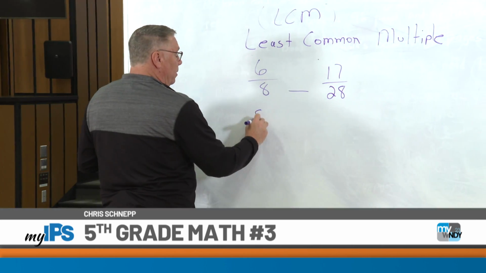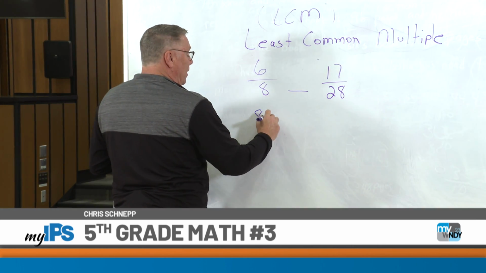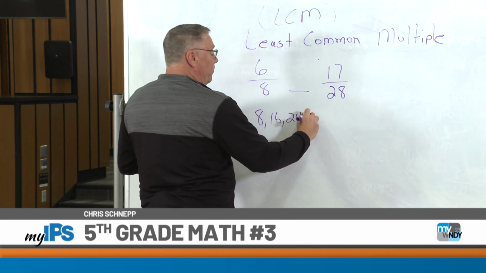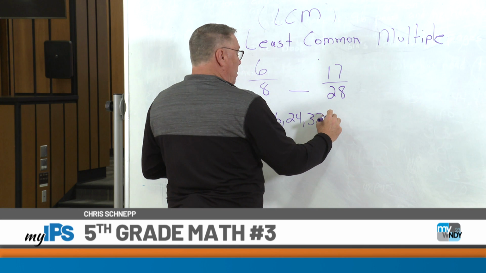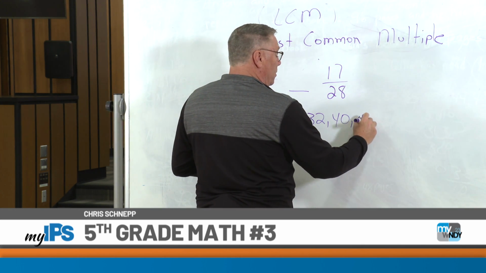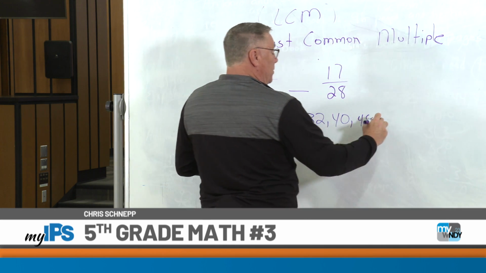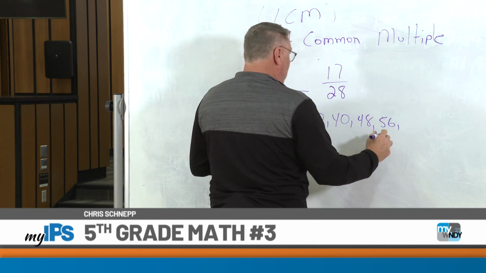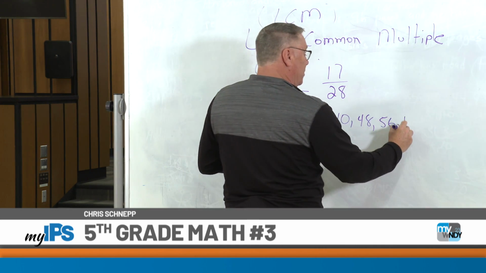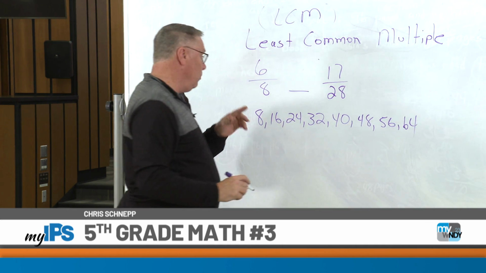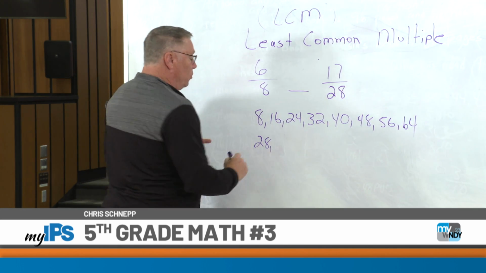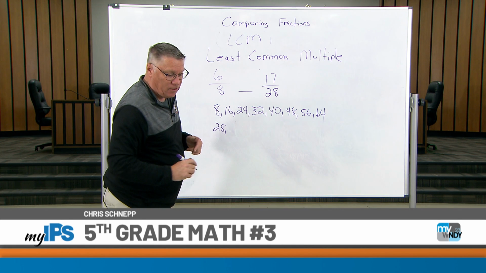Let's look at 8. 8 times 1 is 8. 8 times 2 is 16. 8 times 3 is 24. 8 times 4 is 32. 8 times 5 is 40. 8 times 6 is 48. 8 times 7 is 56. 8 times 8 is 64. Then we're going to go down to the number 28. 28 times 2 is 56.